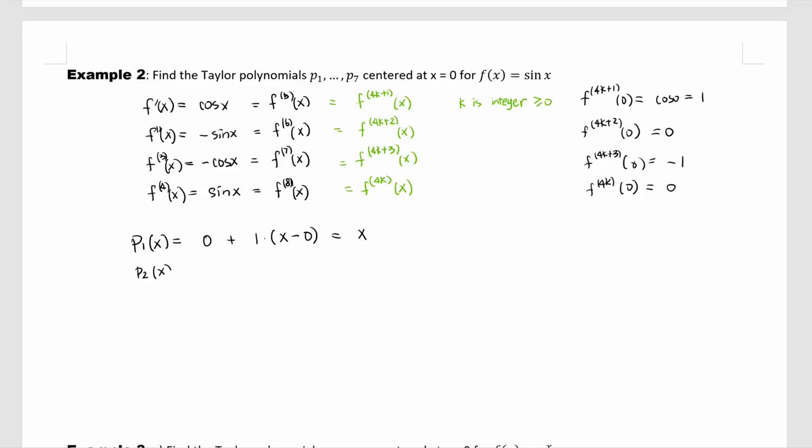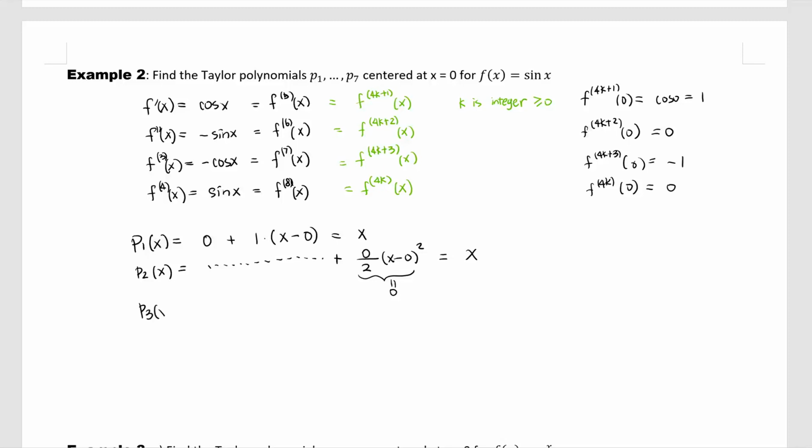How about P2? Well, P2 is similar to what we had, plus a new term. The new term is the second derivative at 0, which is 0, over 2 times x minus 0 squared. Because this is 0, the whole term is 0. So the answer is just like P1, x.